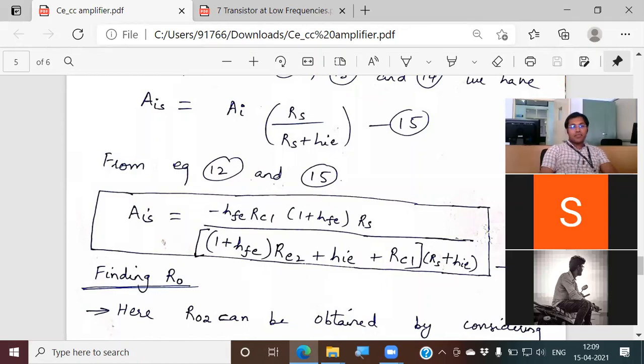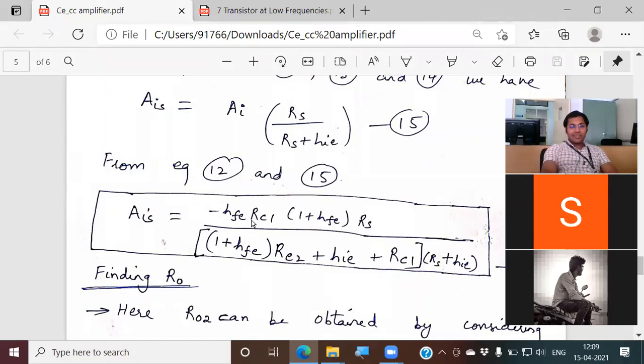Minus 0.04 I'm getting, sir. All should get the same answer, isn't it? Probably you are making mistakes with the brackets. If each one is getting a different answer, probably you are making a mistake with the brackets.